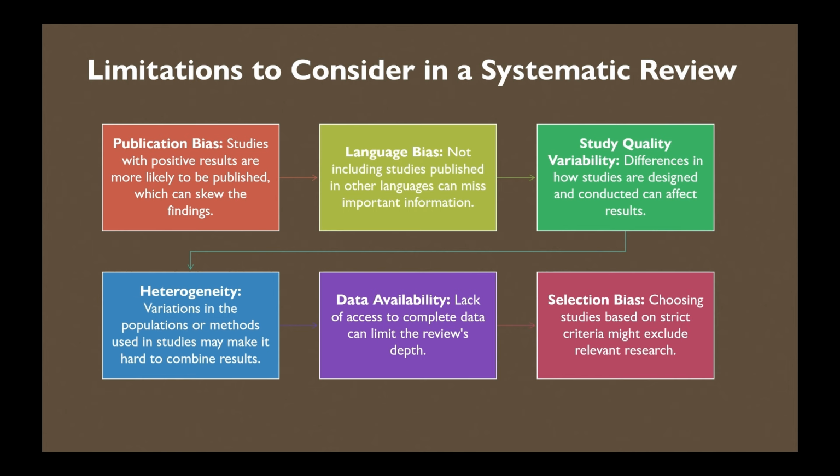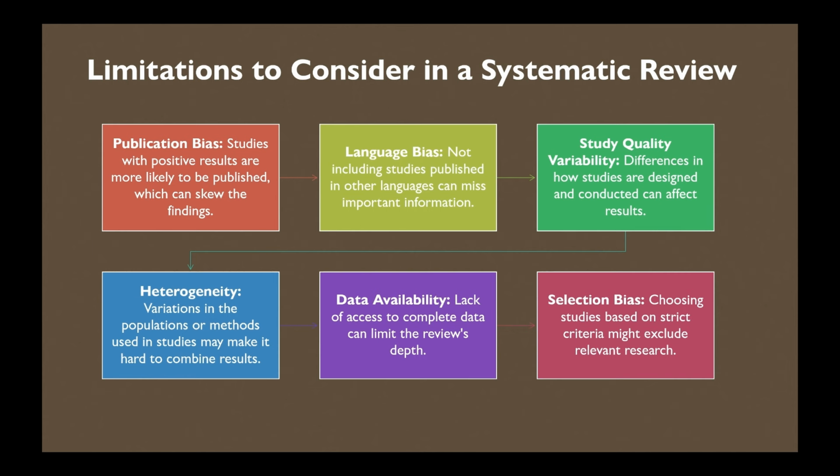Also, it is very important to mention any limit that you apply to the search in your methodology so that readers can understand how the search was conducted and what criteria were used to include or exclude the studies.